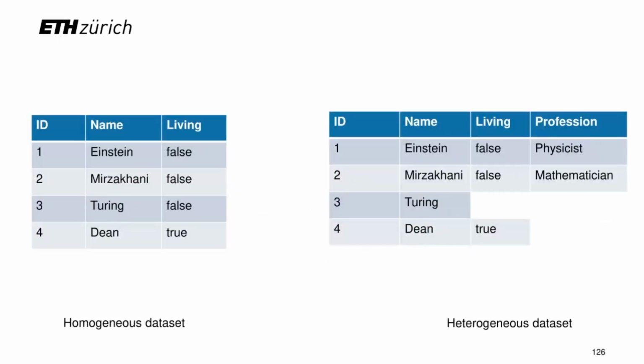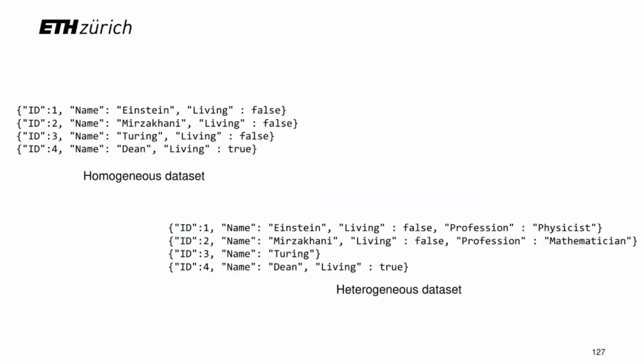Okay. Second, you also have some data sets that are homogeneous and some data sets that are heterogeneous because there might be missing values, right? So in JSON, you can just see it because some of the keys could be missing. You see that on the left, the homogeneous one, all the keys are here.